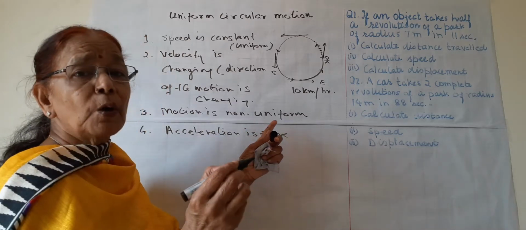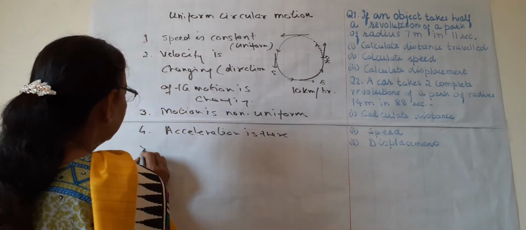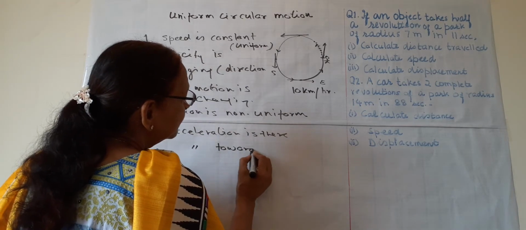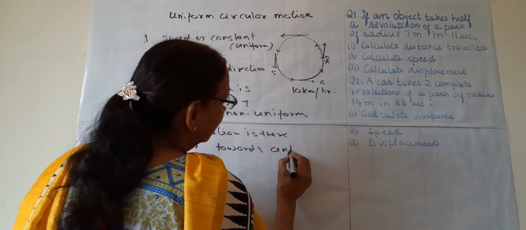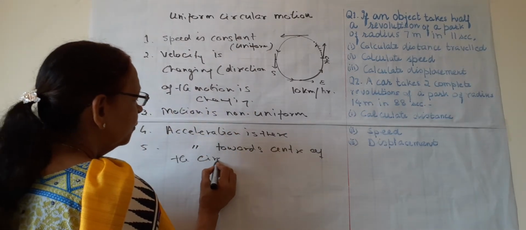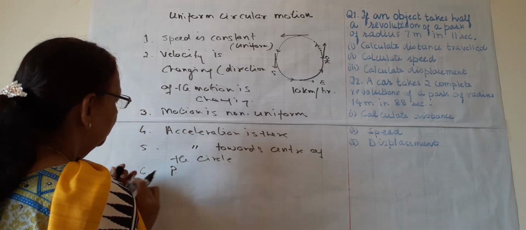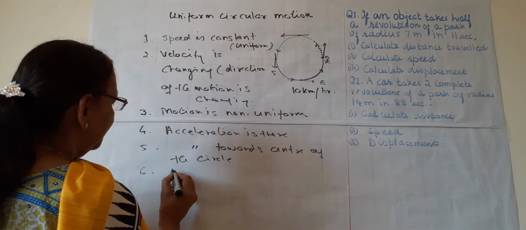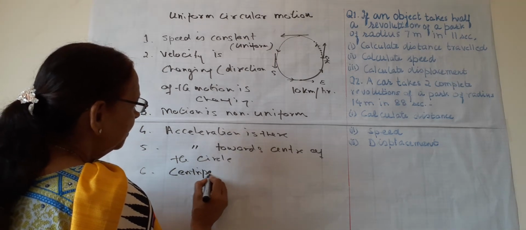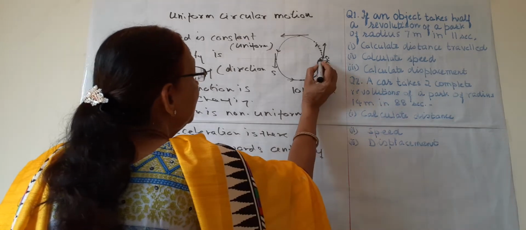If the motion is non-uniform, then it causes acceleration, and this acceleration is towards the center of the circle, and it is known as centripetal acceleration. What does it mean?